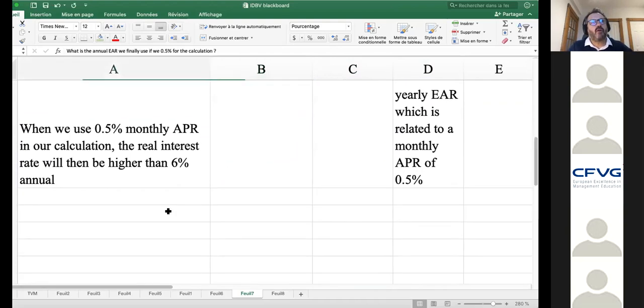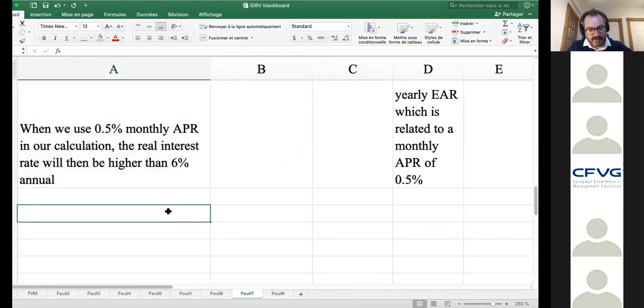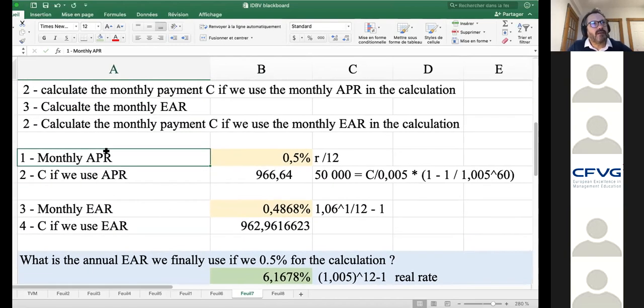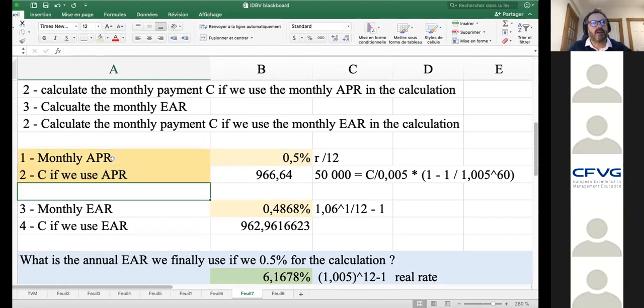So what you will have to do always in your cases, this is what you will have to do usually during the exams and during our cases together. Firstly, you calculate the monthly APR, and then you calculate C if we use the APR.